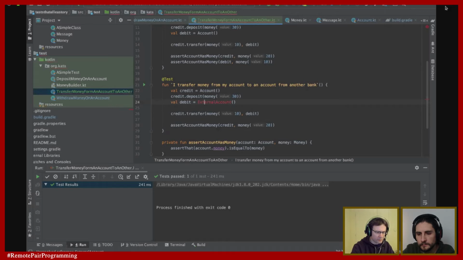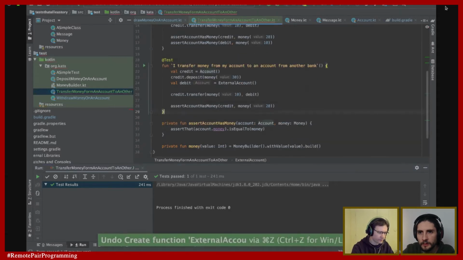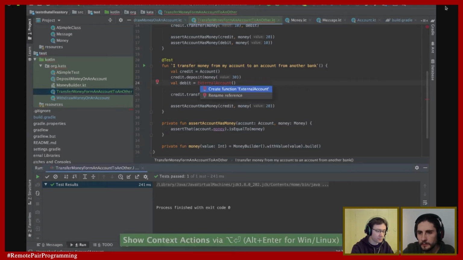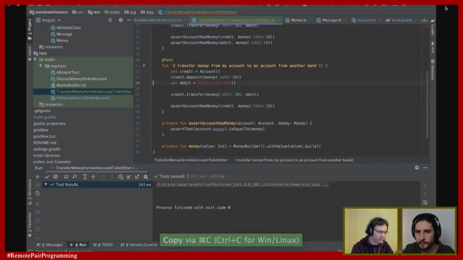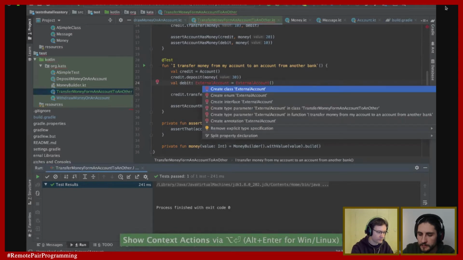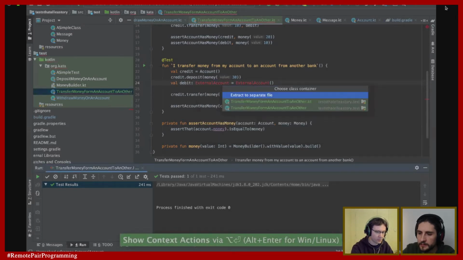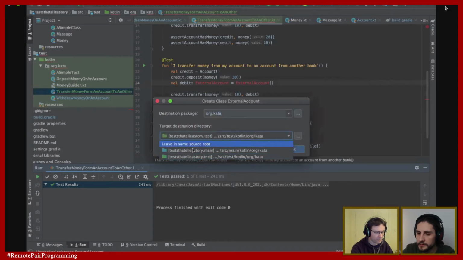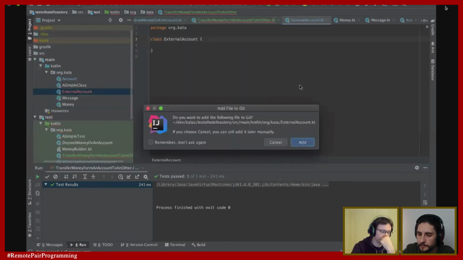Okay, so maybe we can first create the external account class. So if you use a mock, there needs to be an interface, right? Not necessarily. We don't have to. Okay. But don't you think it would still be advisable, or you'd prefer not to create an interface at this moment?